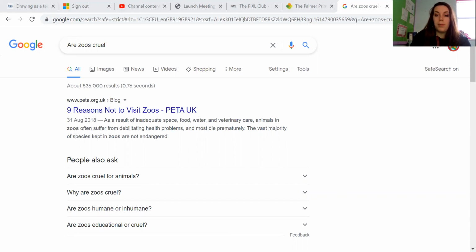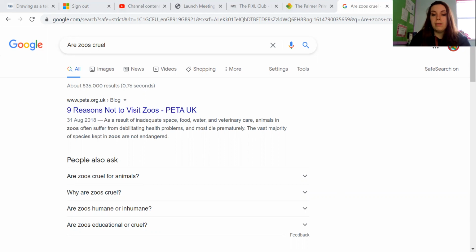For my against, I'd look up my against points, and if you already know some, like I already know that in why zoos are important is that we can look after animals and stop extinction. We can make sure people can visit and understand animals better.